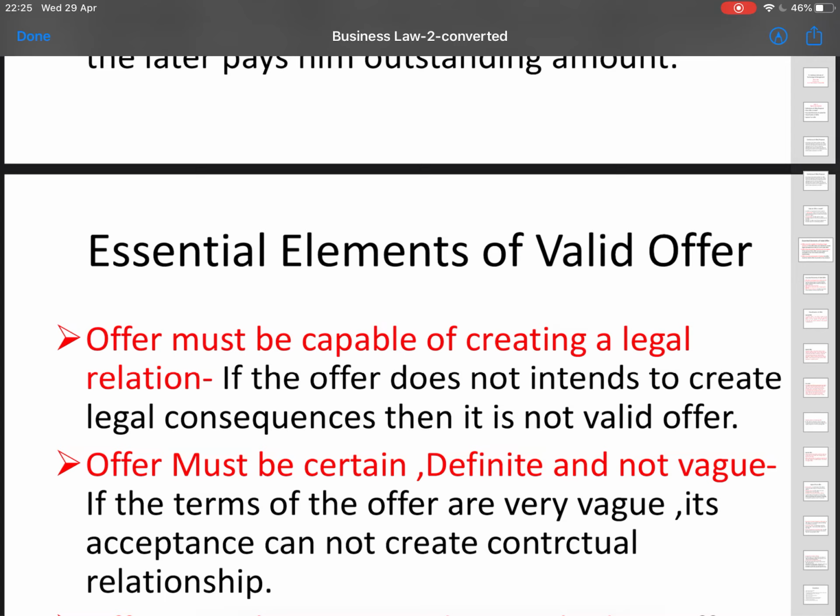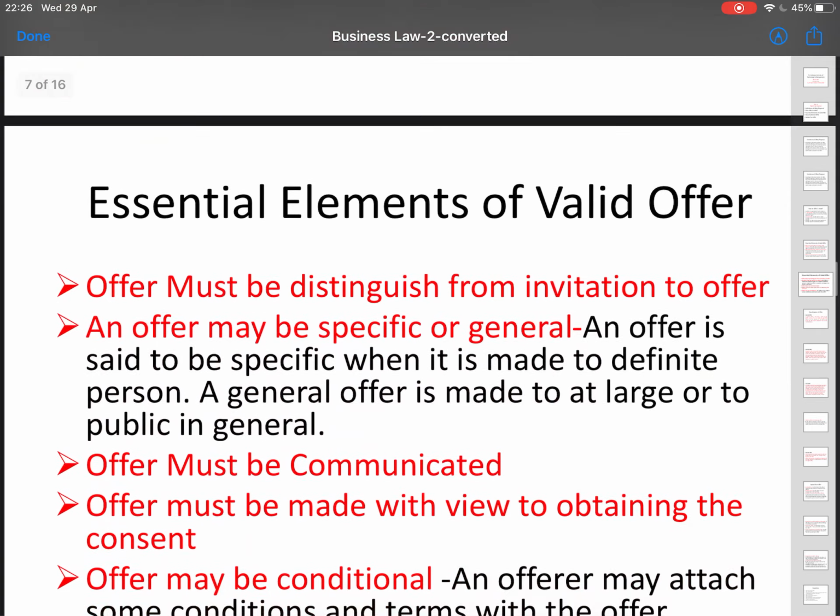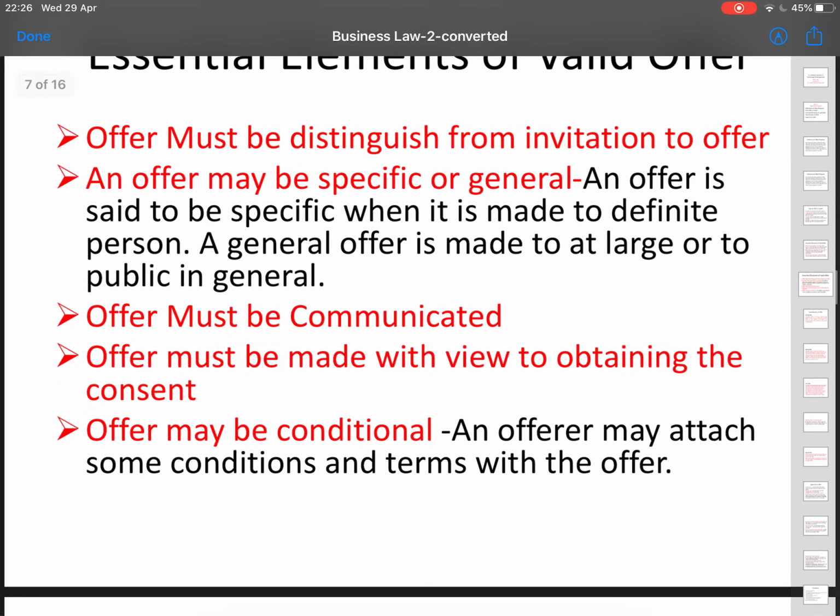Then, an offer must be distinct from an invitation to offer. Next, an offer can be specific or general. Then, an offer must be communicated to the offeree. Next, an offer must be made with a view to obtain the consent of the offeree. And the last one is that an offer may be conditional, and may attach some conditions and terms with the offer.